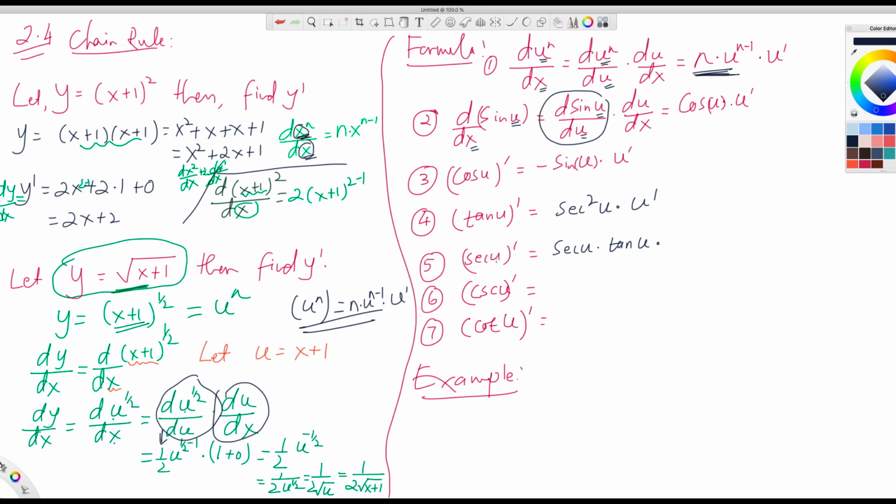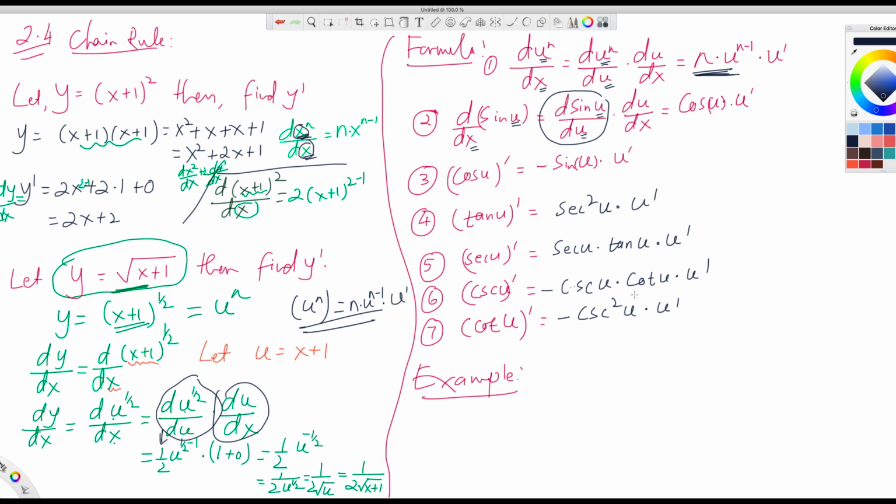Since there is u, you do times u prime. Similarly for cosecant, it is minus cosecant u times cotangent u times u prime, and the derivative of cotangent u is negative cosecant squared u times u prime.